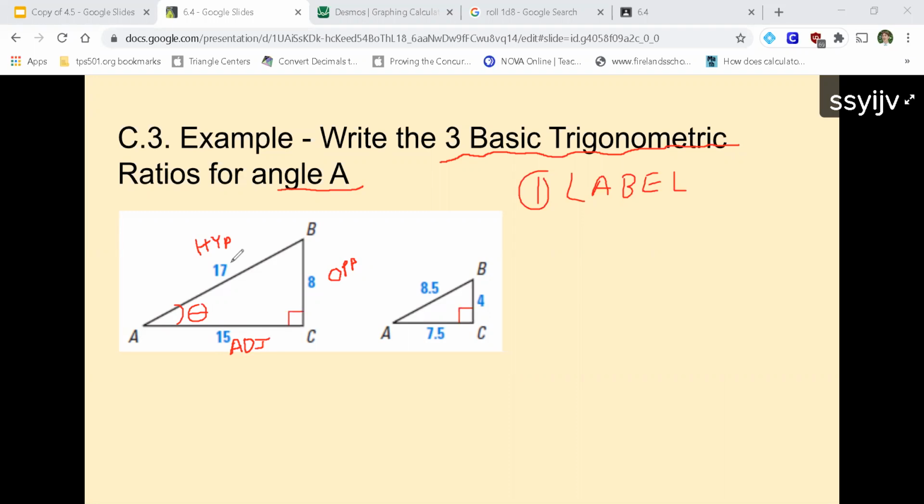So then what we would write then, again, we're only going to use the formulas to set up. We aren't actually going to solve anything yet. We're just going to practice how the formulas work. So what we would write then is that the sine of angle A is the opposite over the hypotenuse.